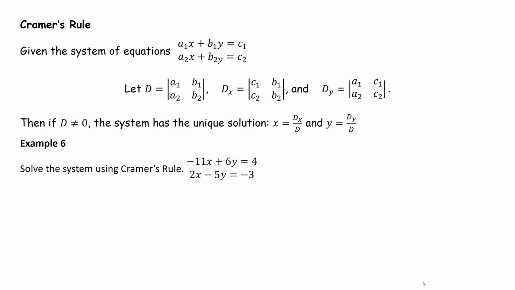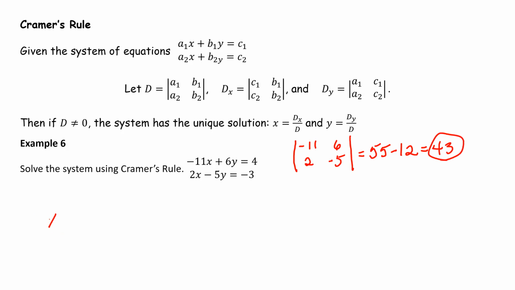So if it turns out to be 0, we don't even need to try to do this. So the coefficient matrix, we've got negative 11, 6, 2, negative 5. And so that is 55 minus 12, and so that is 43. So that's not 0, so that's good.